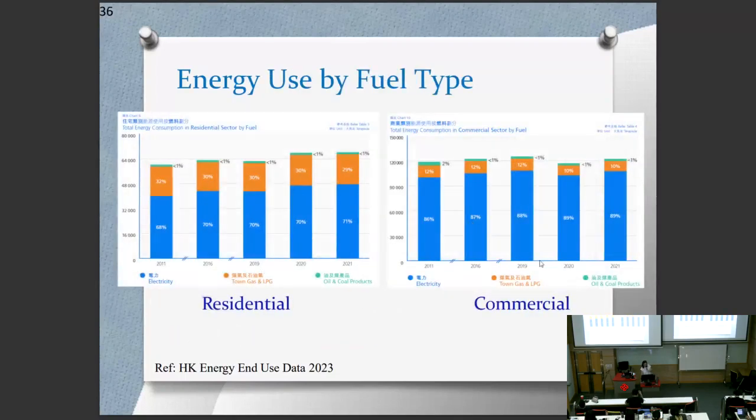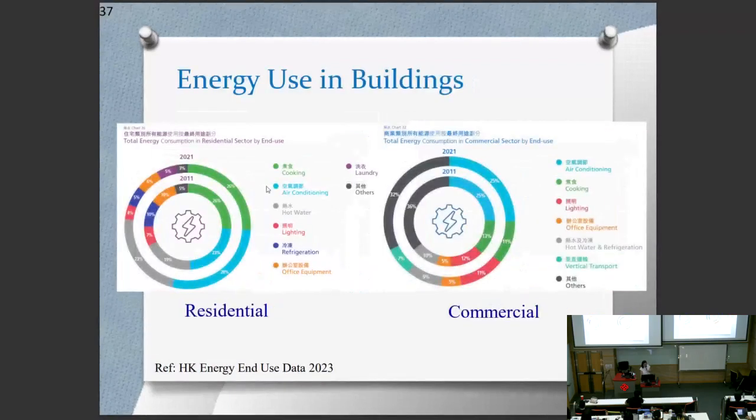And some more data for the energy breakdown for residential and commercial buildings, just for your reference. Commercial buildings use 90% electricity, and residential buildings 71% electricity. For commercial buildings, most of the energy consumption will be on the air conditioning system.